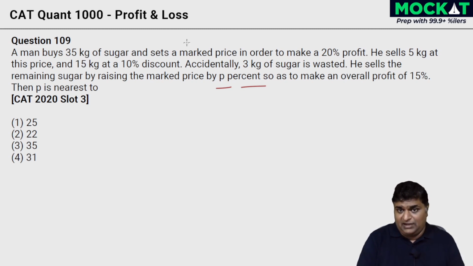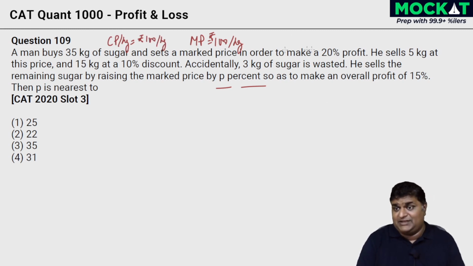So he sets a mark price, right? So therefore, let the mark price be equal to 100 rupees per kg, right? That's it. With that, we can start. In order to make a 20% profit. So therefore, let's change this a bit. Let the cost price per kg have been rupees 100 per kg, right?